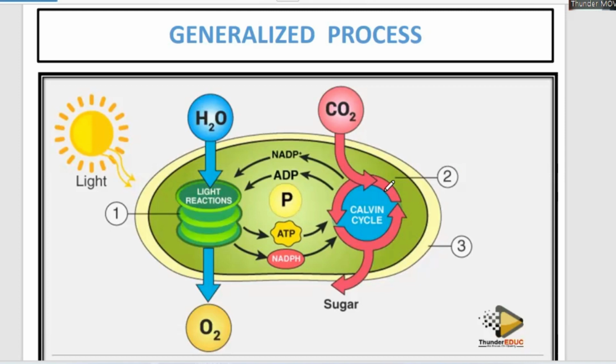Carbon dioxide will come in here and combine with the hydrogen produced from the light phase using the ATP, and then the sugar is produced, which is glucose. Now the ADP, adenosine diphosphate, and the NADP plus will go back to the light phase and be used over and over again.